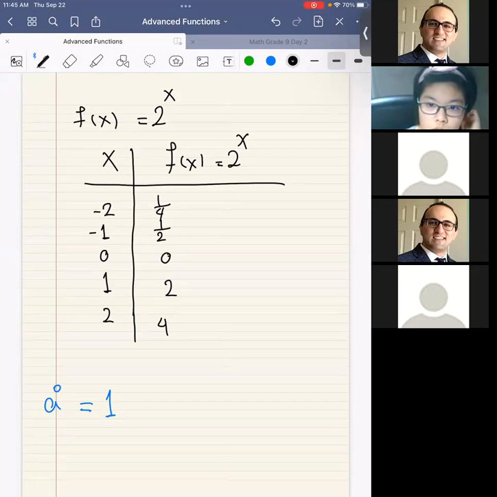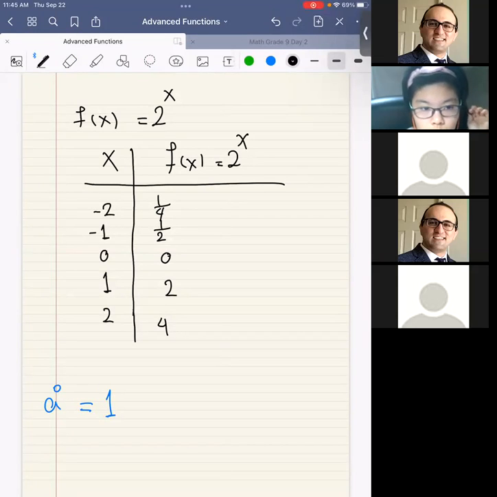And on the other hand, if x is a very small number, like negative 10, negative 100, then f of x would be close to 0. Right?